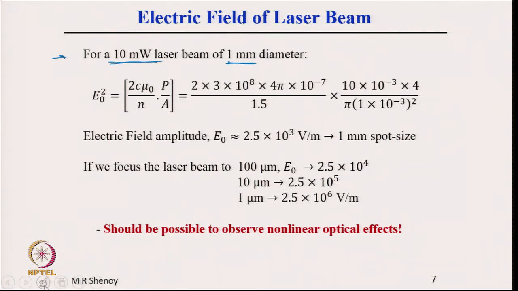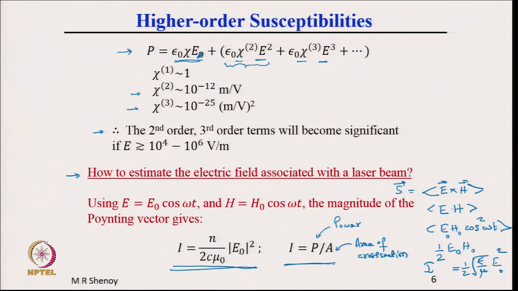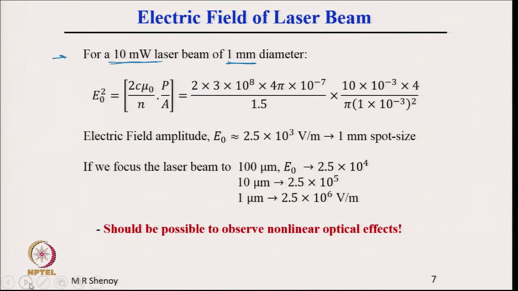E 0 square is equal to 2 C mu 0 into I, where I is P by A, divided by N. So, 2 into C, where C is 3 into 10 to the power of 8 meters per second, mu 0 is 4 pi into 10 to the power of minus 7, and N I have assumed to be 1.5, and power P is equal to 10 milliwatt.